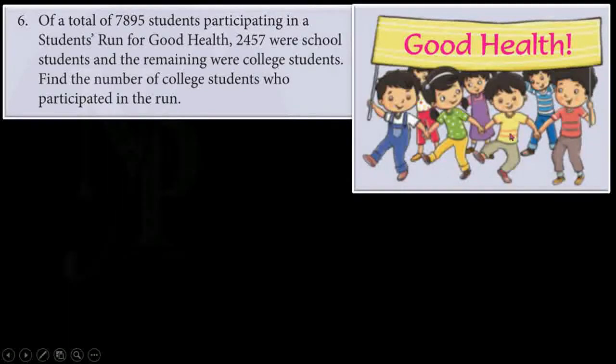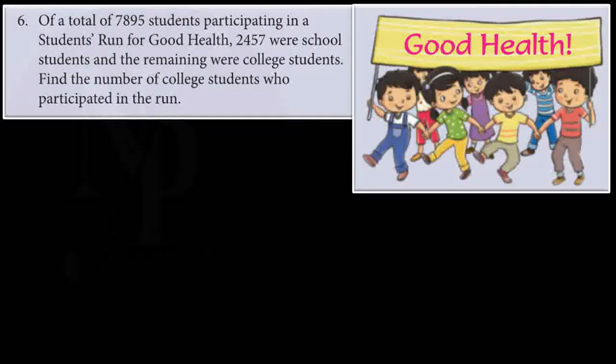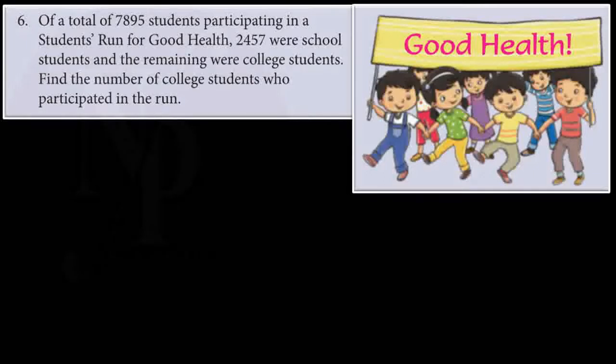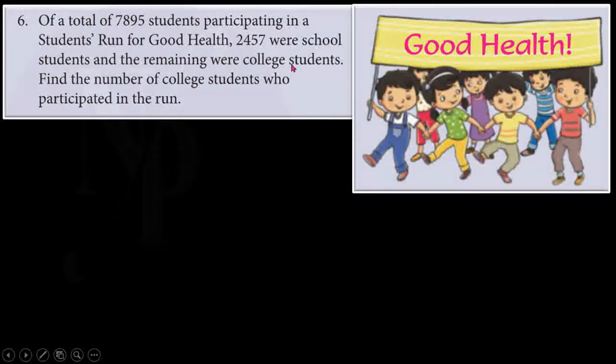So here some children are participating in a students' run for good health campaign. It's a program, and both college students and school students are participating in that campaign. The total number of students participating is 7,895.